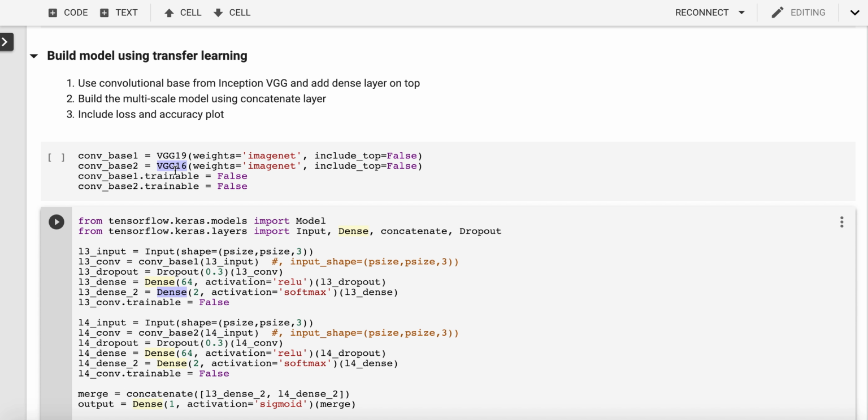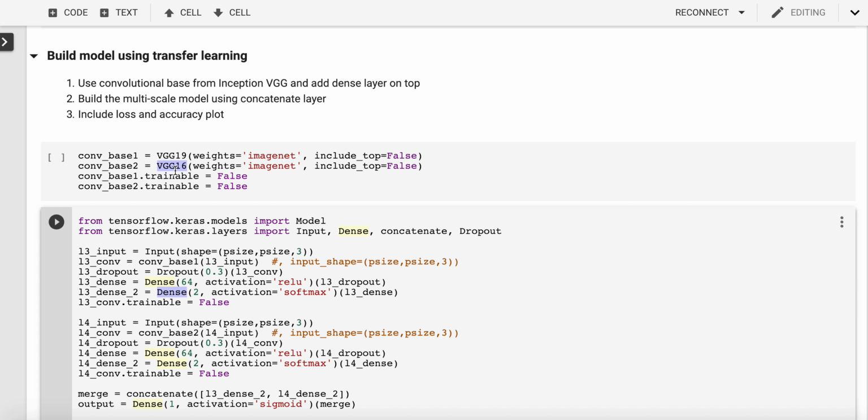This is a little weird. With VGG19, I tried to use only one of them, but it gives me an error message saying that I have duplicate layer names, and I couldn't figure out a way to change that.